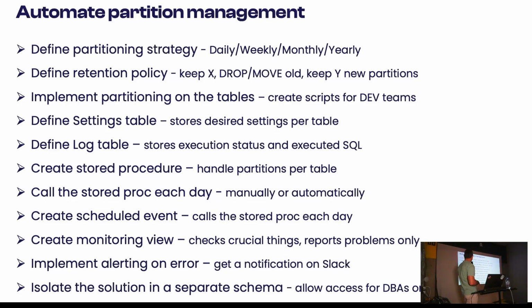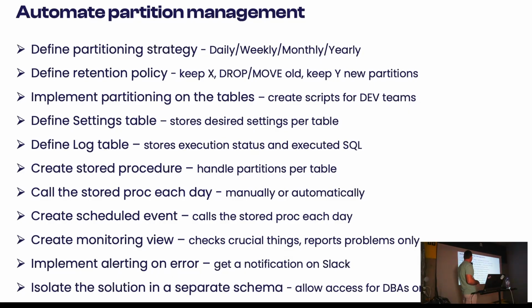We should create some kind of monitoring, and we were thinking that a monitoring view on the database side would be beneficial to check crucial things, with simple select statements, and report or generate an error message and a specific status only when we have a problem.